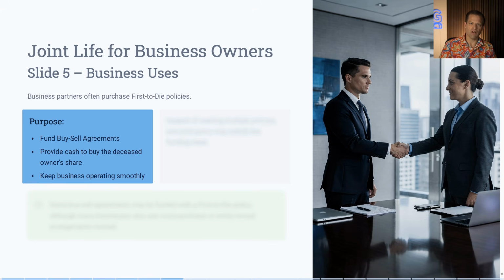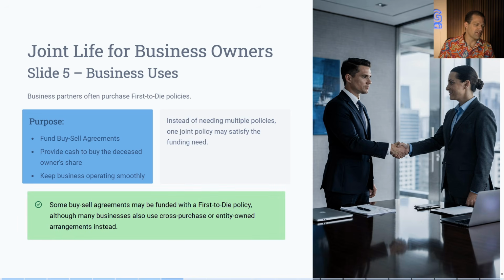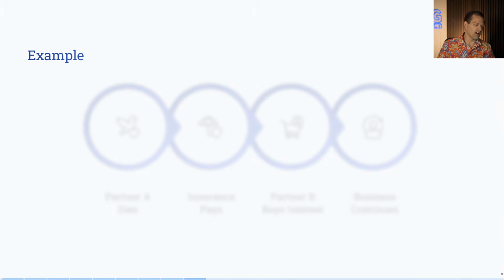It creates a market to sell ownership of the business and keeps the business operating smoothly. Instead of needing multiple policies, one joint policy may satisfy the funding need. Also understand that some buy-sell agreements may be funded with a first-to-die policy, although many businesses use cross-purchase or entity-owned arrangements instead. So it's another option.